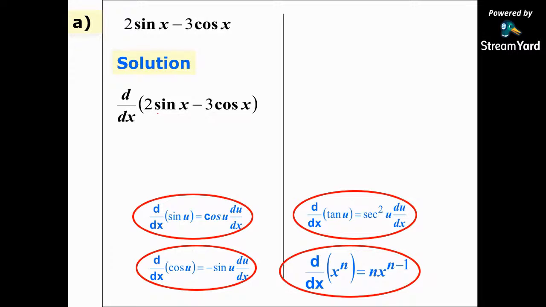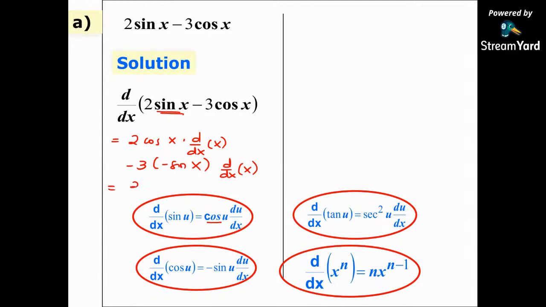If we differentiate sine, we are going to get cos, so this one will become 2 cos of x. And then don't forget, you have to differentiate x. Then minus 3, differentiating cos, we get negative sine of x, and then differentiate x. Differentiating x will simply become 1.